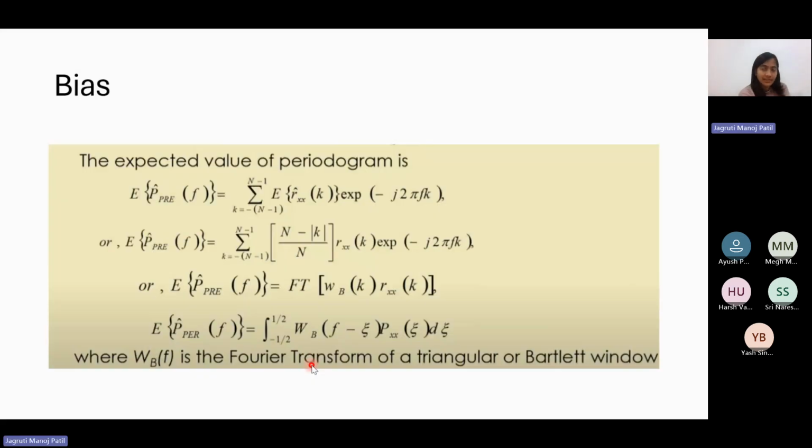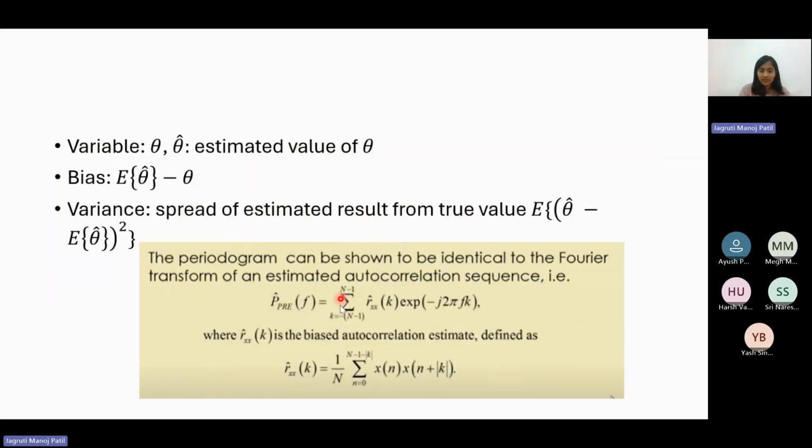So let's see for bias. Bias is the first order moment, and variance is a second order moment. How do we represent bias? It's the expectation of our estimated periodogram, so we take the expectation of everything, and you get this term here: n minus mod k. Here, if you see, the points were symmetric, from negative.